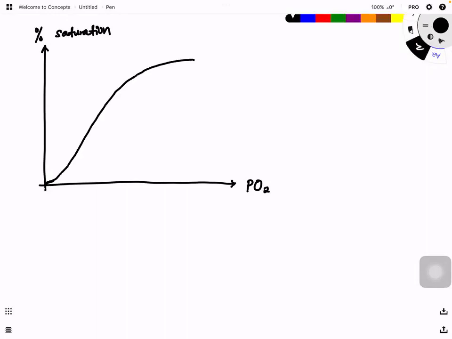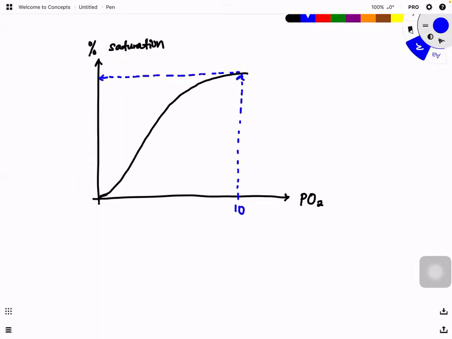Okay, so again, we don't study all the parts. We only study at 10 kilopascal. So here we have about 95% saturation at the sea level. And then we look at here, 2 kilopascal. We go up and we study here.